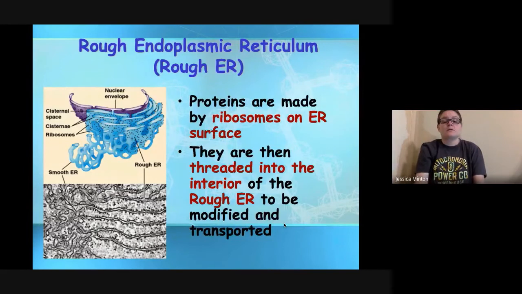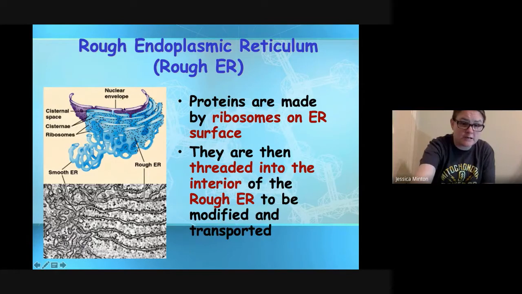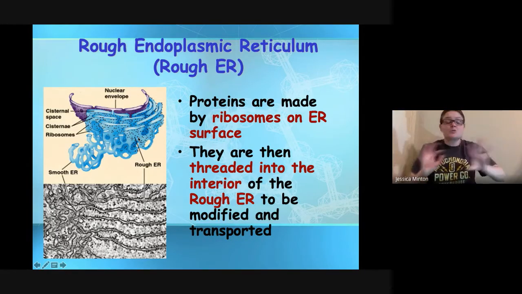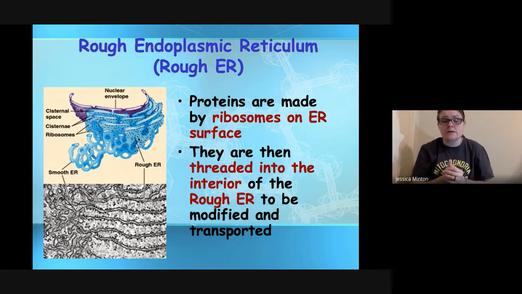Now, the ribosomes on the surface are what make those proteins. We look here, it's attached to the nuclear envelope, and you've got all of the little ribosomes there. Each one of those ribosomes is going to end up making proteins. It's not like everything's coming together and making just one.